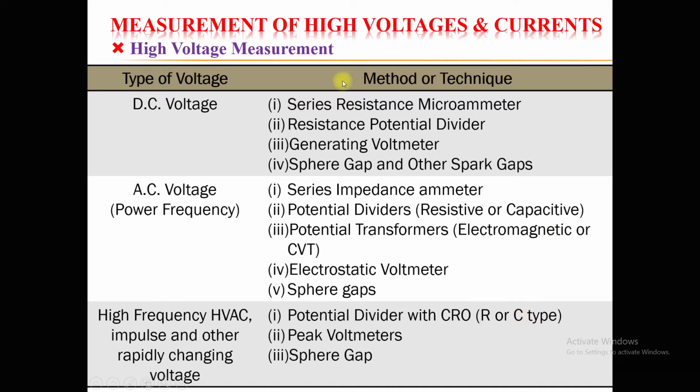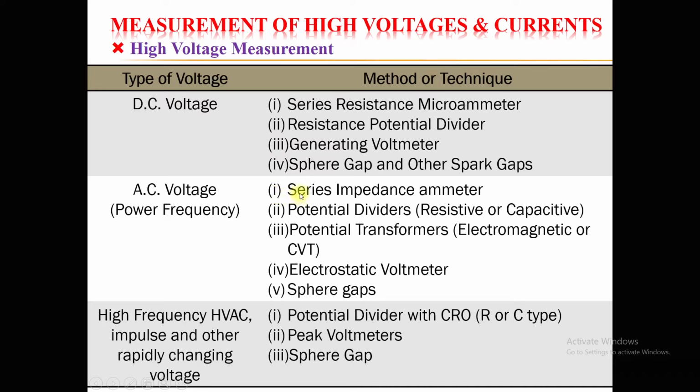DC voltage can be measured by a series resistance with microammeter, which is a very simple technique to measure high DC voltage, then resistance potential divider, generating voltmeter, sphere gaps and other spark gaps. These are the four basic methods you can usually see in a high voltage laboratory for measuring high DC voltages.